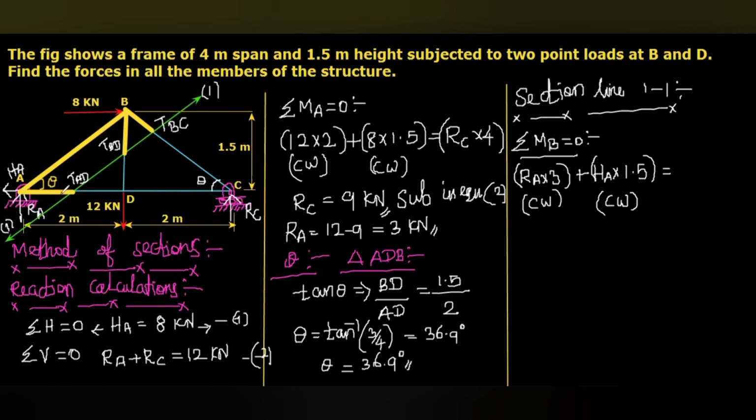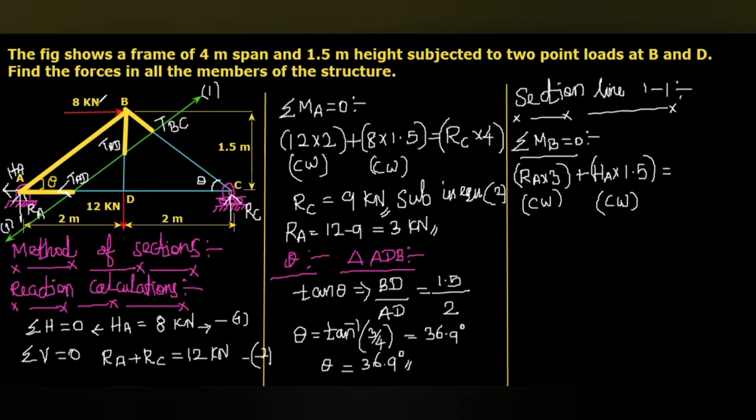That is TAD. Here you can see that TAD is a horizontal force. So with respect to the point B, we can say this may act like this, or otherwise in opposite direction. If it is acting in the same direction of HA like this, then with respect to B, this force multiplied with the 1.5 will also be in clockwise.